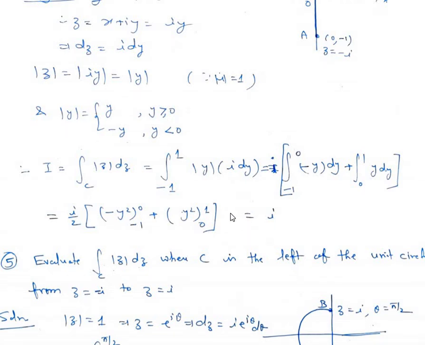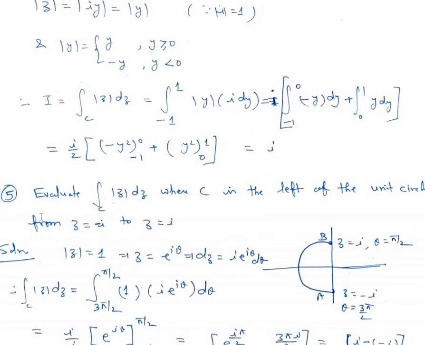Okay, let's take the last example, the fifth problem. Evaluate integral over c mod of z dz, where c is the left half of the unit circle from z is equal to minus i to z is equal to i.